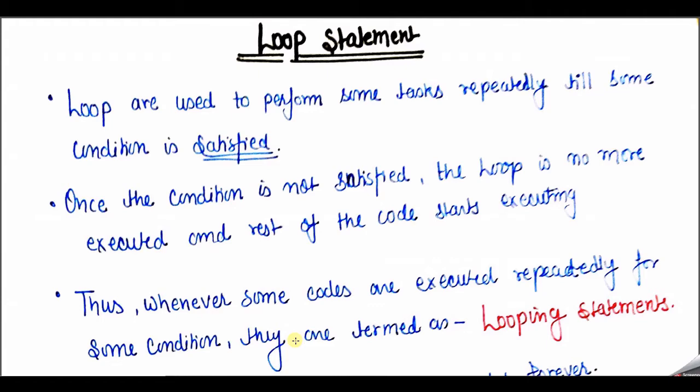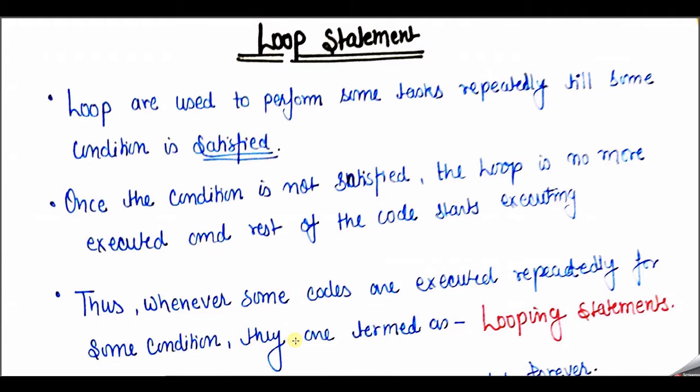But this activity can be done with the help of a loop statement, because some task needs to be repeated on our output screen. When we know that for this condition we need to perform this activity several times, it is replaced by the loop statement. Once the condition is not satisfied, the loop is no longer executed and the rest of the code starts executing.